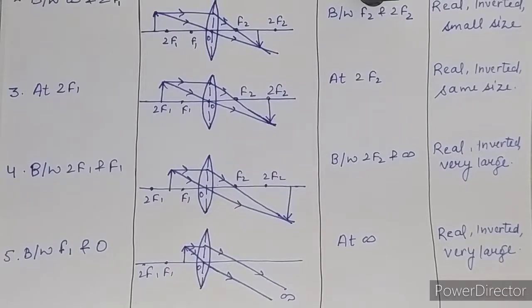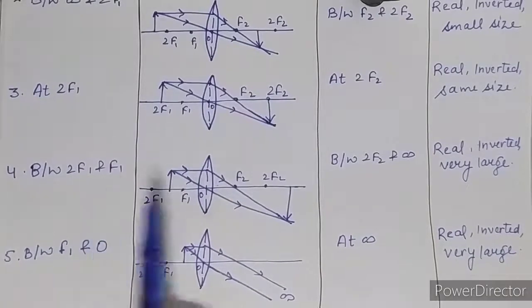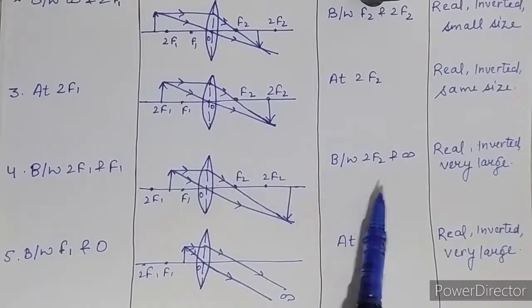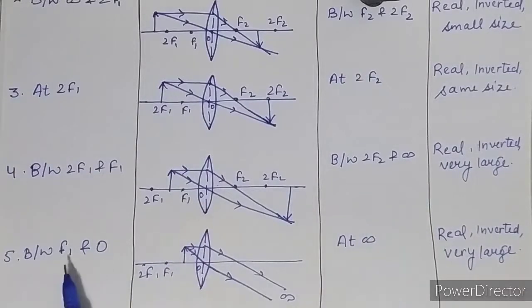Infinite, then the focus; infinite and 2f1, then image between f2 and 2f2; at 2f1 the image is formed at 2f2; between 2f1 and f1 the image is formed between 2f2 and infinite. When the object is in between the optical center and f1, the image is formed at infinite.